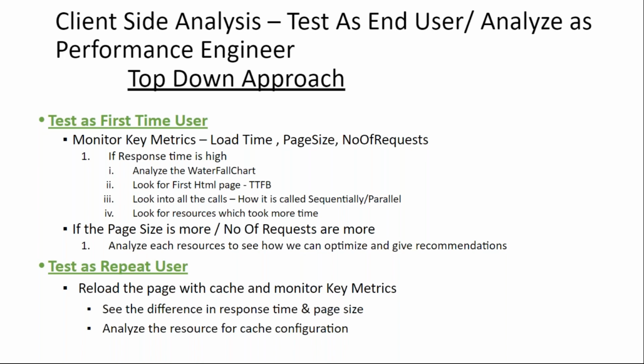Okay, so we want to monitor the key metrics like your load time, your page size, number of requests, your time to first paint, time to first contentful paint. All these are different metrics that we capture as a first time user. And then as a repeated user, we do the similar thing again for the same metrics, for the same page, with cache as well.